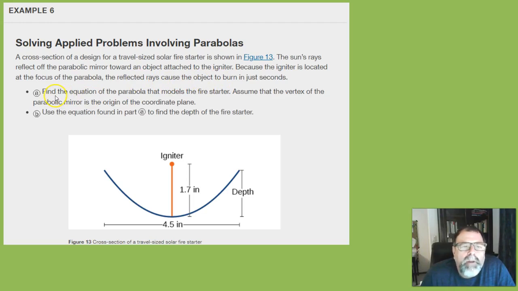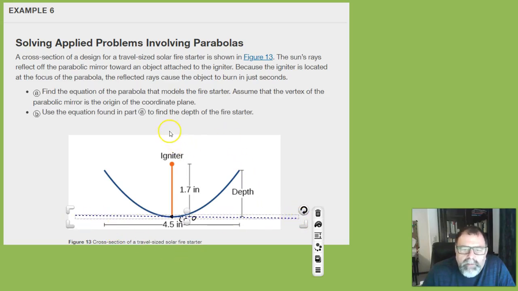So two parts. Part A, find the equation of the parabola that models the fire starter. Assume that the vertex of the parabolic mirror is the origin. So we can just set it up. We're going to make this 0, 0. So basically our xy-axis would be like that.